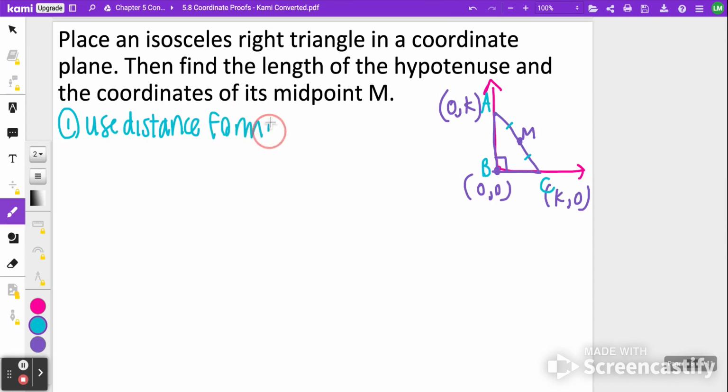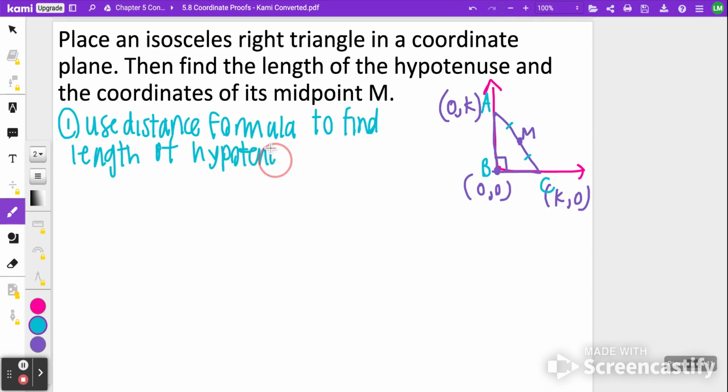So what we can first do is use the distance formula to find the length of the hypotenuse, which would be length AC. Okay, so we could do that by doing the change in x's squared plus the change in y's squared.